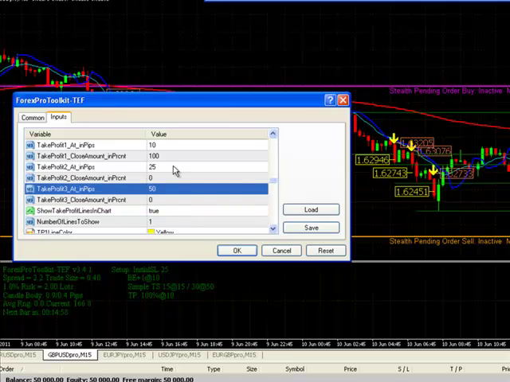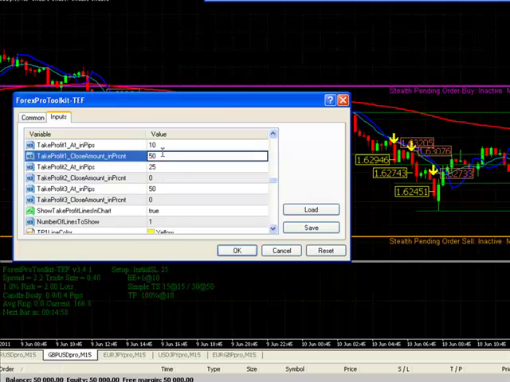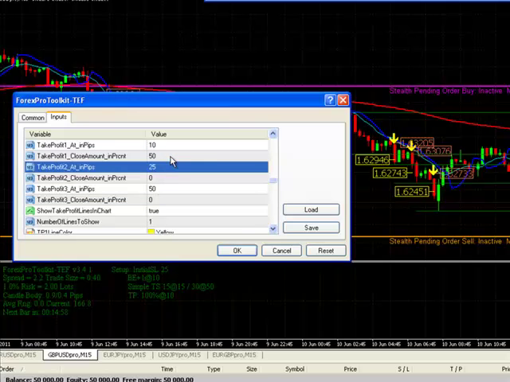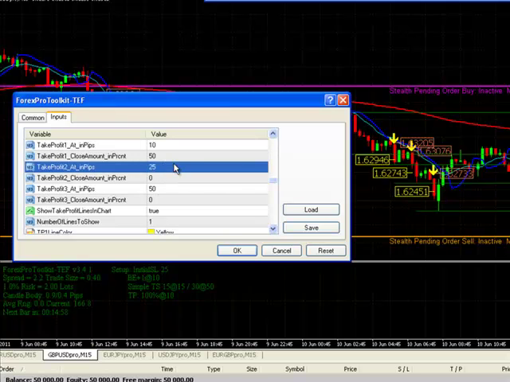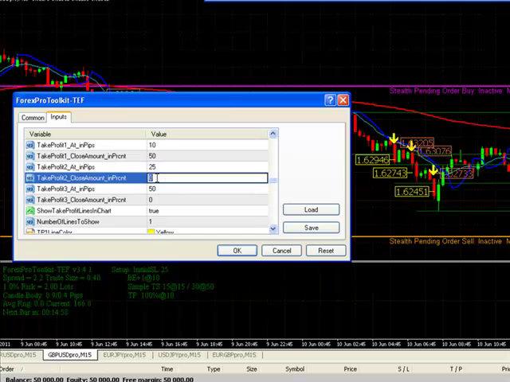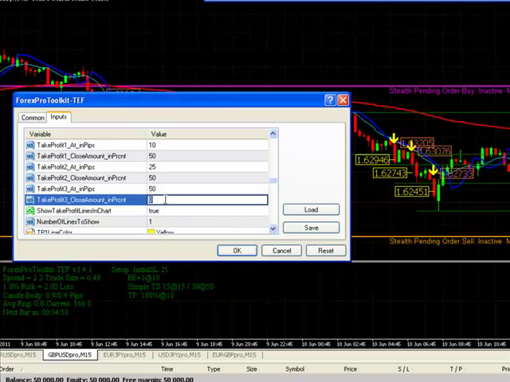Alright, what will happen is the toolkit will close out half the trade at the suggested take profit point and let the rest of the trade run until it gets stopped out by whatever trailing stops you have set up. Or what you could do is still have this set at 25, close out 50% there, and 50, and close out the rest of it there.